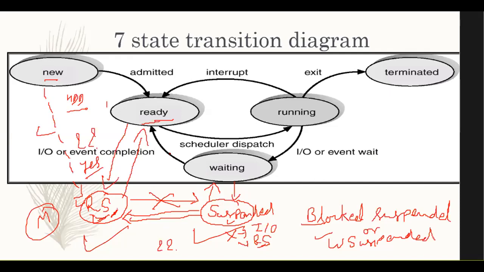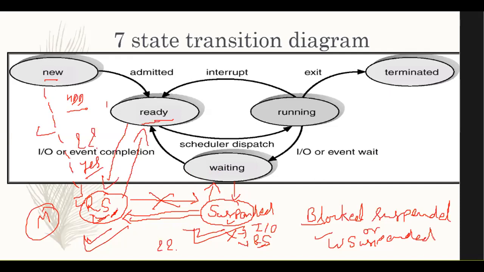Whenever any process is not able to enter the RAM because of shortage of memory, it moves into the suspended state in the hard disk, and I divided my suspended state into 2 categories: ready suspended and block suspended. So that is the overall 7-state transition diagram.